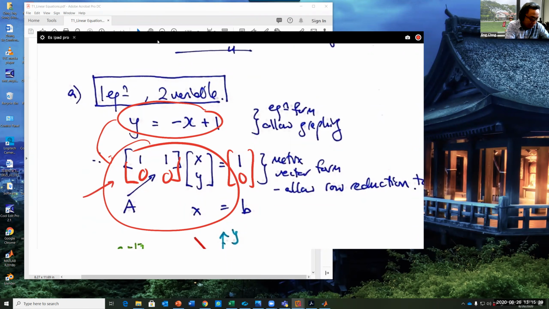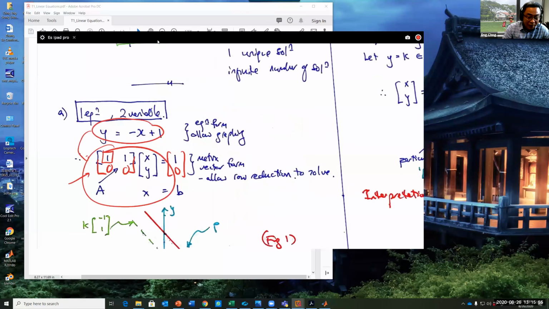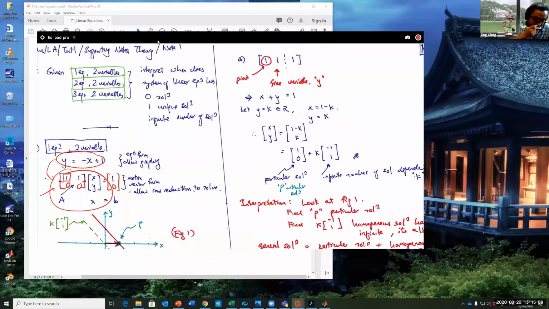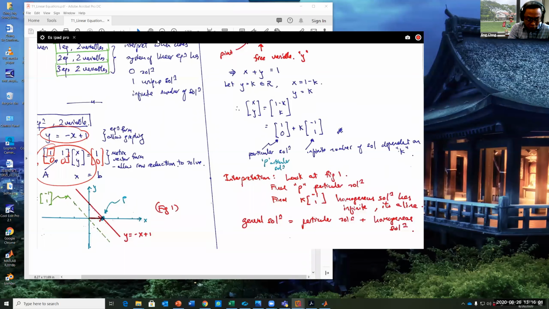All right. Then when we do row reduction, there's nothing to do because it's already in reduced form. We can identify the pivot. There's only one pivot, and because there are two variables, x and y, there is one free variable. So now let's find the free variable. How are we going to find the solution?